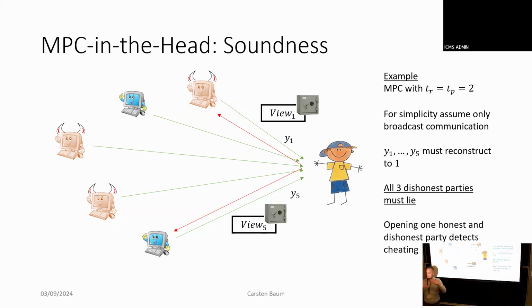If the views are consistent and I don't detect that something weird was going on, then you followed the protocol, so you were an honest party to begin with, even if it was corrupted by the adversary. If I can't detect that you deviated from the protocol, I assume that this party was honest. And then this analysis goes through.